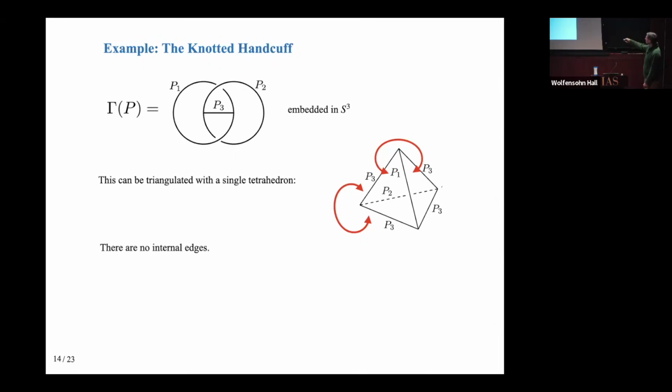In this example, all of the edges are edges of the triangulation, and there are no internal edges. So the CTV amplitude doesn't involve any integrals. We just get a 6J symbol for each tetrahedron. It's only 1 tetrahedron, so the answer is simply a single 6J symbol.